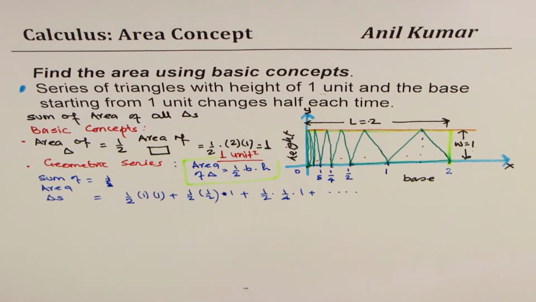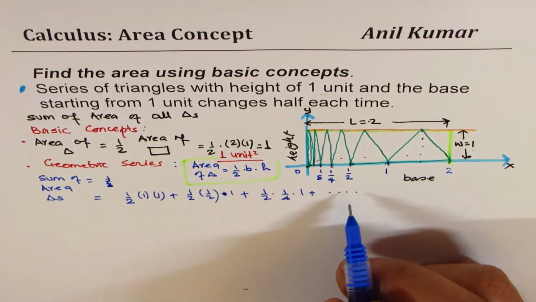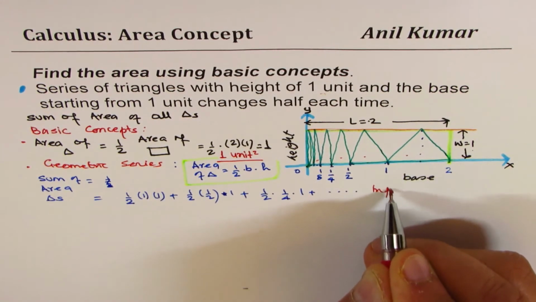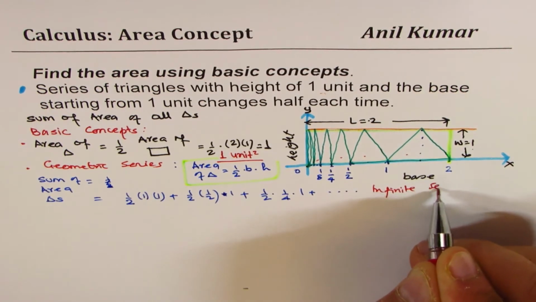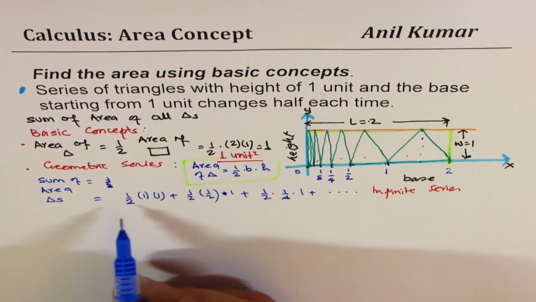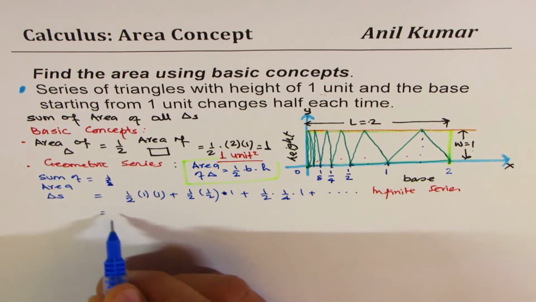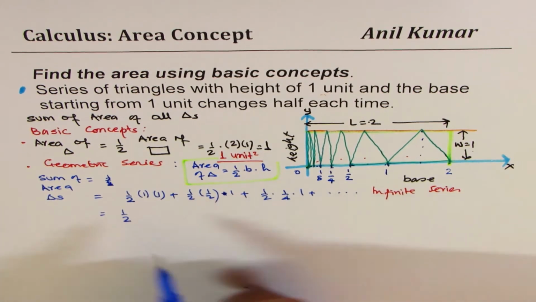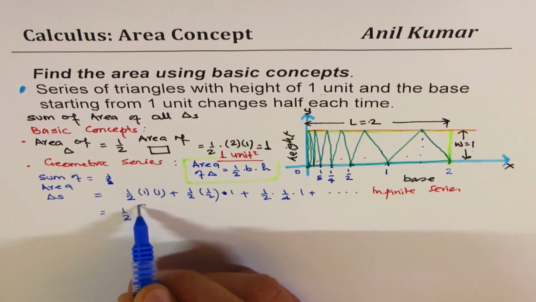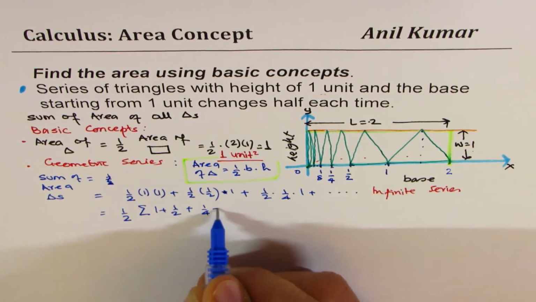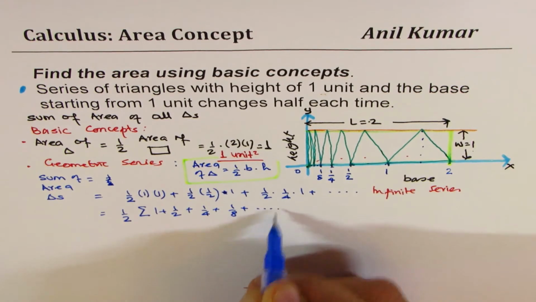It's an infinite series. We have to add all the areas. So in general, we can represent this series as half, because half is constant, half times 1 can be taken outside, and inside we have the sum of 1 plus half plus 1/4 plus 1/8 plus so on.